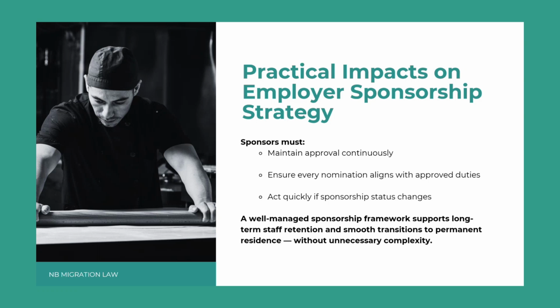I mean, if you notify them within 21 days, nothing is really going to happen, but usually 7 days after the employee has left. Okay. A well-managed sponsorship framework supports long-term staff retention and a smooth transition to permanent residency, and possibly a longer employment with your organization. Okay, next slide, please.